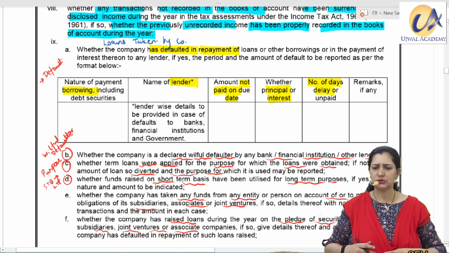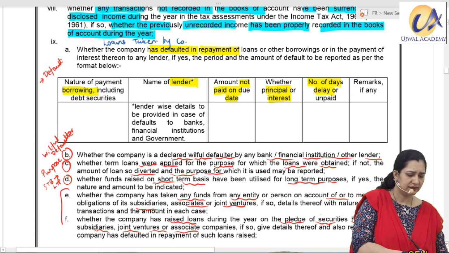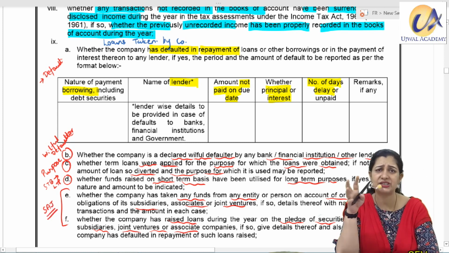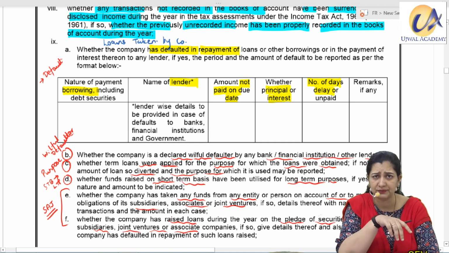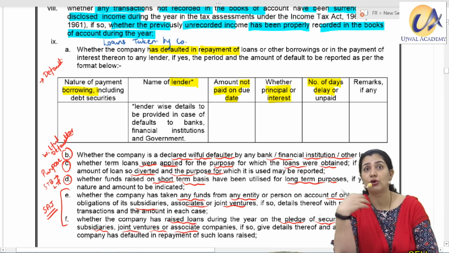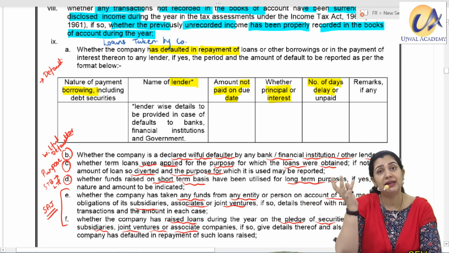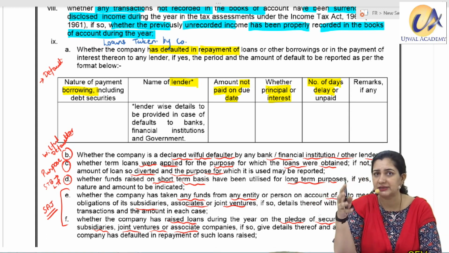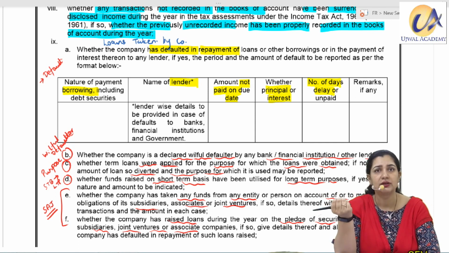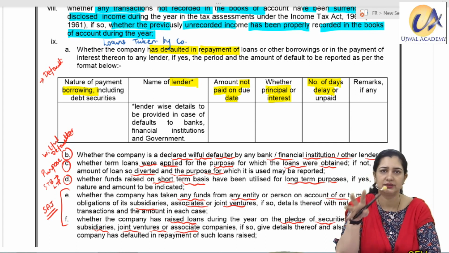So these last 2 points deal with your subsidiary, associate, joint ventures. SHA means subsidiary, associate, joint venture. Have you taken any loan for them, or have you pledged the investment which you have in this subsidiary, associate, joint venture and taken a loan against that? We need to mention it here.